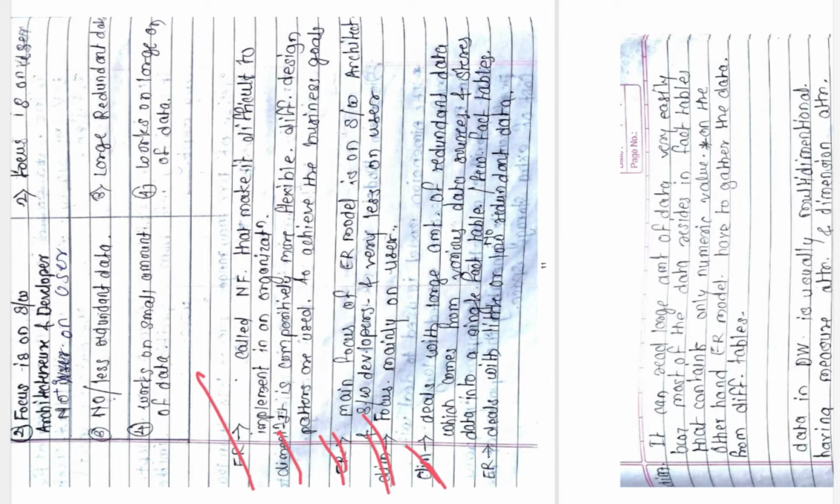So from these many sources the data comes, right? That's why it will be very difficult to remove the redundancy, because the data is coming from many sources. But if I am talking about the ER model, the data will come from only one source. So if I am getting data from only one source, then it is quite obvious that the data will not be redundant. Okay.